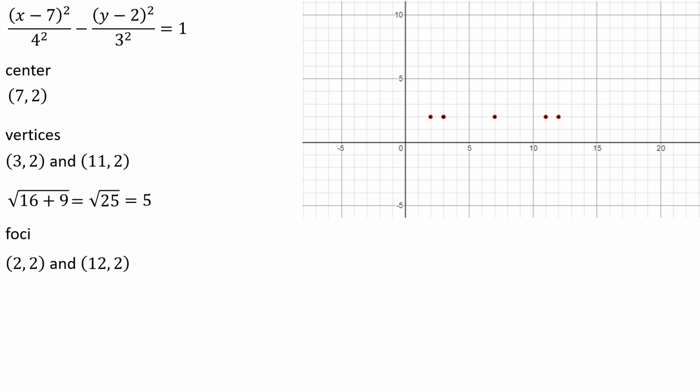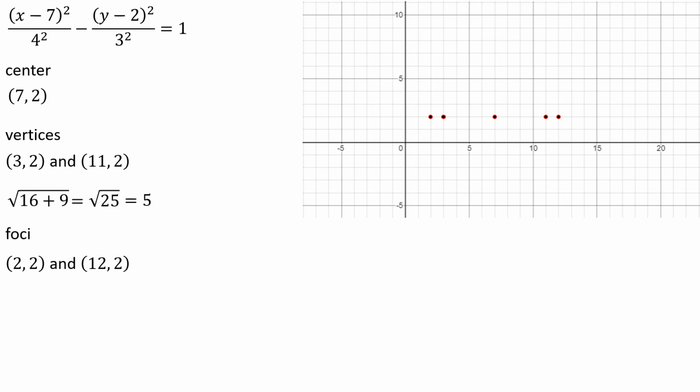Now with the hyperbola, we have to remember from last time, we have to place the asymptotes. There, I maybe got that sentence in the correct order finally. And so I need to draw that rectangle that helps me define the asymptotes. So underneath the y minus 2 squared, I see a 3 squared.